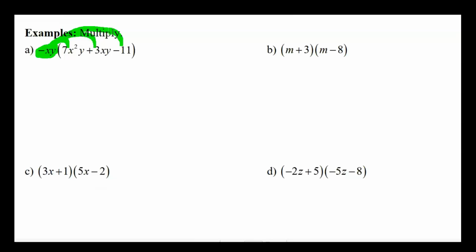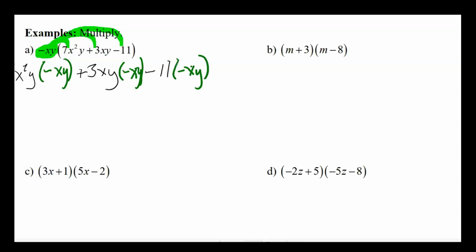So once I've done that, I should end up with three values. So I'm basically saying, okay, my original set, 7x squared y plus 3xy minus 11. And what I'm doing is distributing through negative xy. So through the original three set, I multiply through by negative xy.